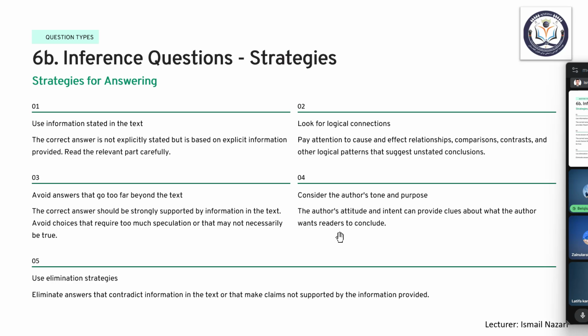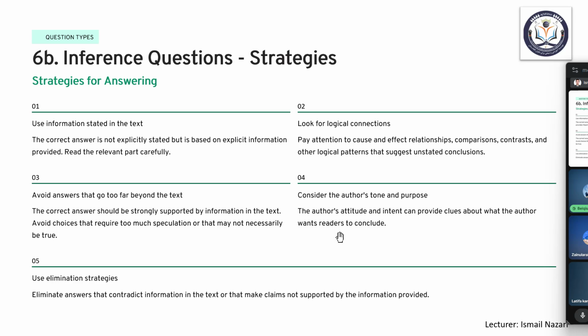Let's recap it. In order to answer an inference question, first, read the passage very carefully, understand the explicit meaning. Second, look for logical connections. Look at how the passage is organized.